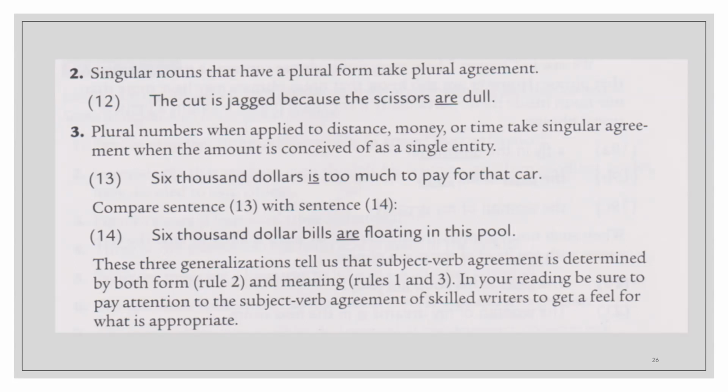Or they see a singular subject, so they match it with a singular verb. And we can see here that that's not always the case, right? You can have a plural noun with a singular verb, okay? You could have a singular object like scissors, but scissors is still treated like a plural because it's a plural form, so it gets a plural verb.